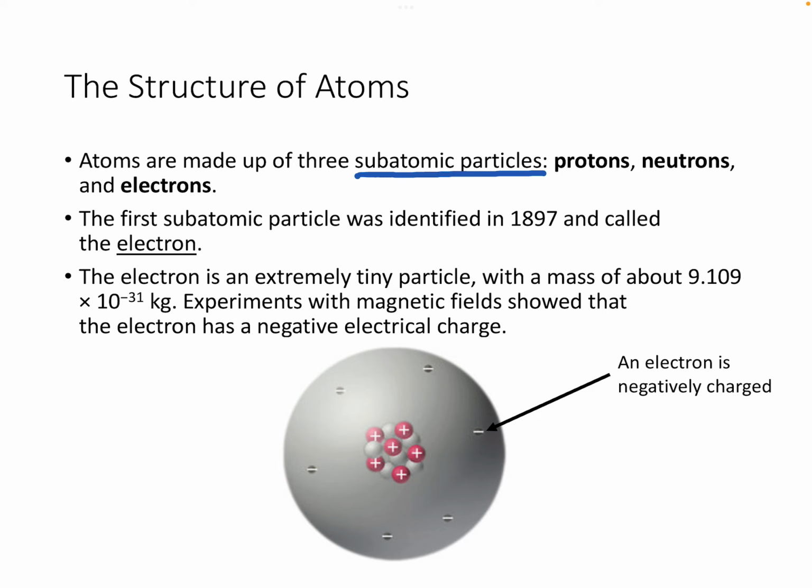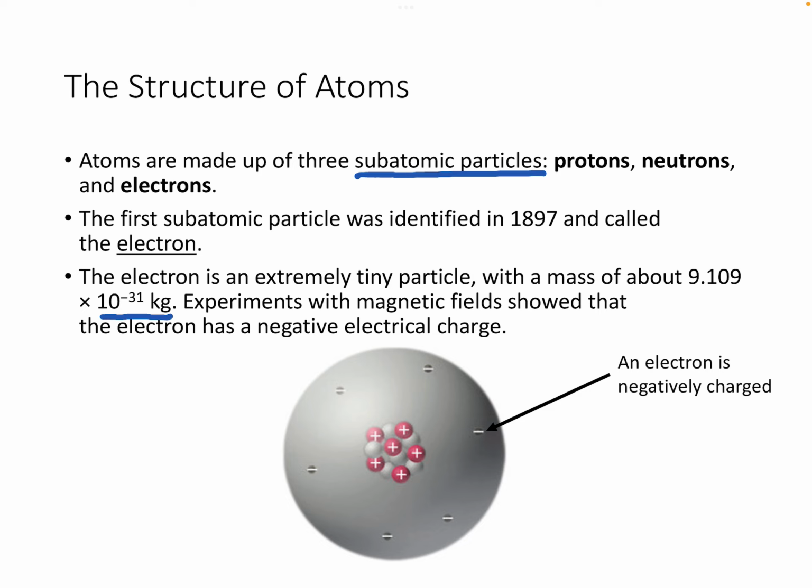And the first particle we're going to talk about is the electron. So this was identified in 1897, so again, a really long time ago. And this is an extremely tiny particle, so its mass is about 9 times 10 to the negative 31 kilograms. So that's really tiny.